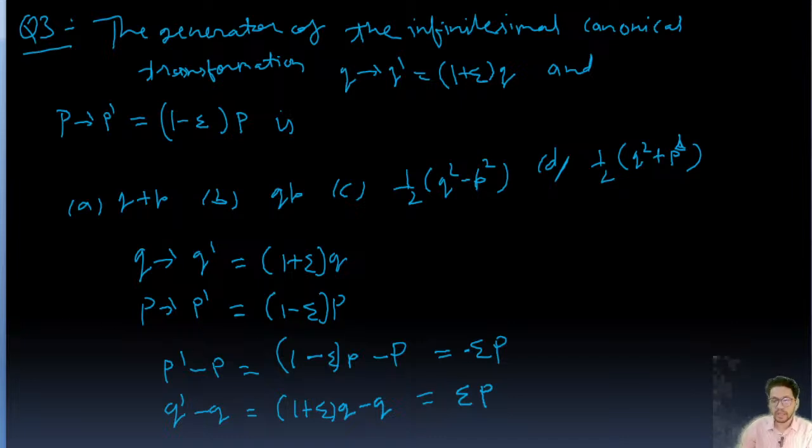Now there is a formula for getting the generator for infinitesimal canonical transformation, okay. So I'm going to write it.